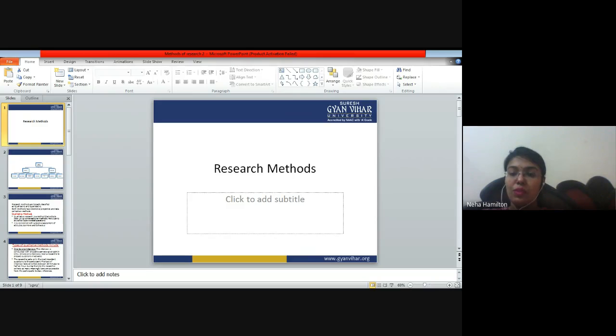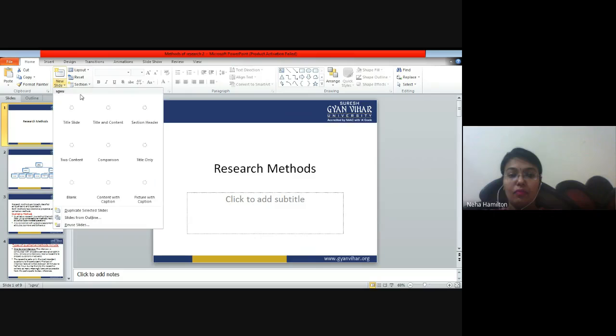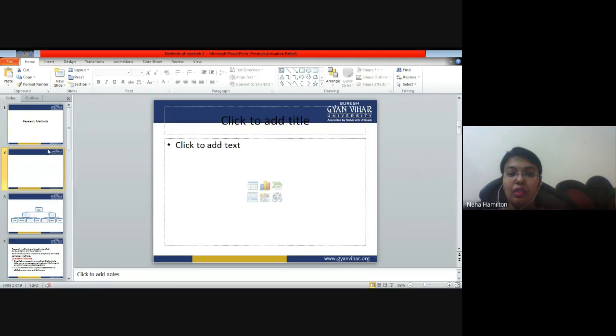The learning objectives are clearly to find out the ways of doing a particular research. What are the means through which you can do research? Let me write down the learning objectives.